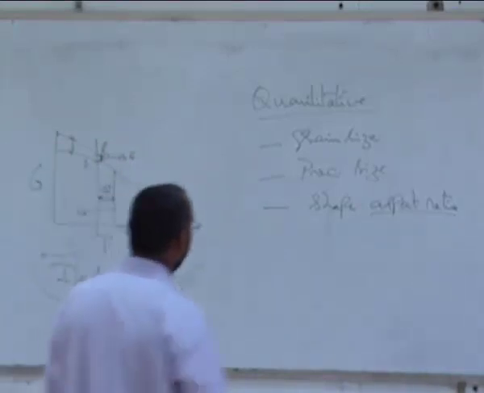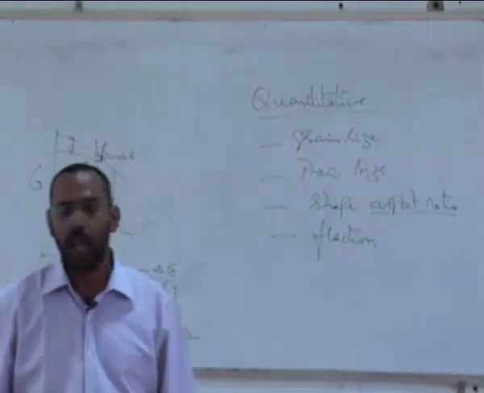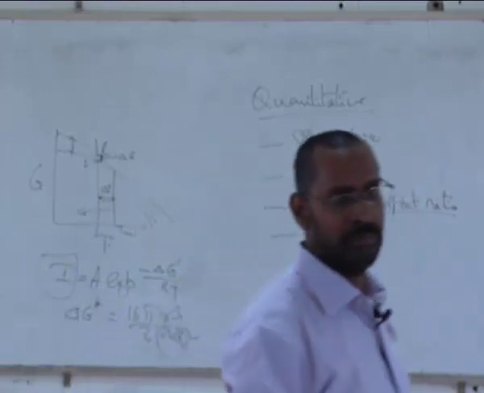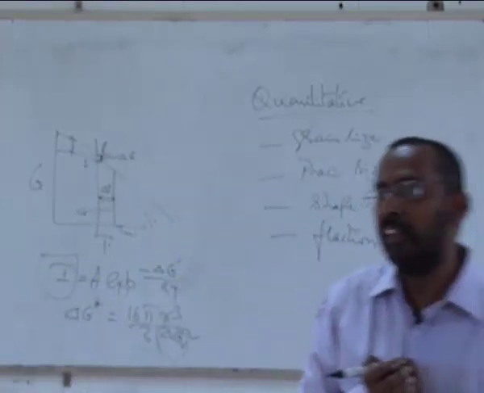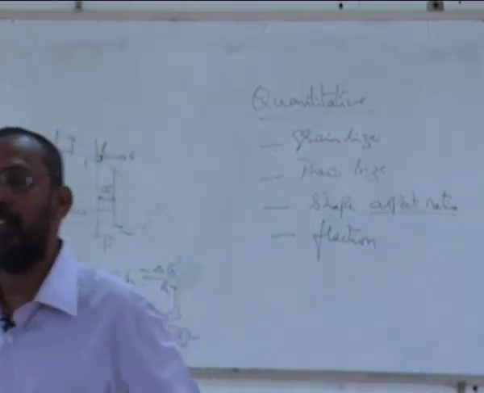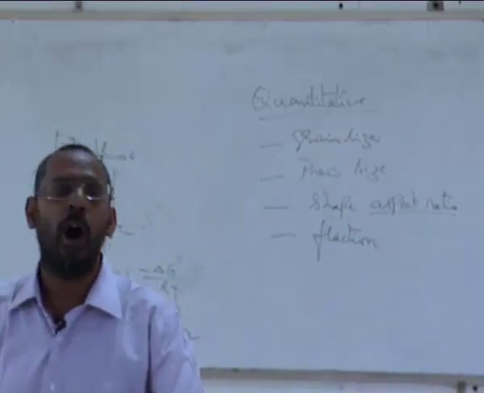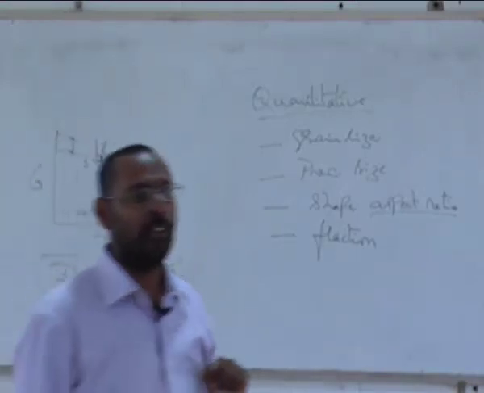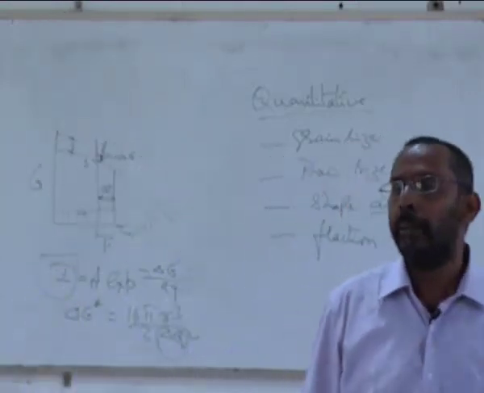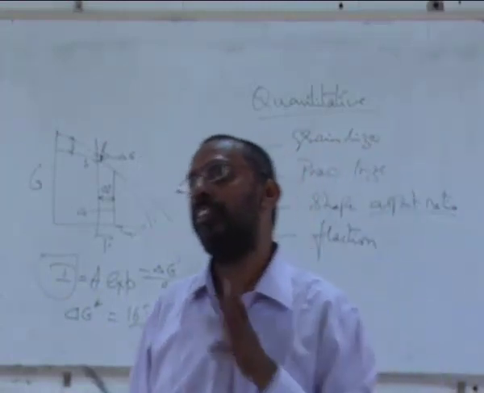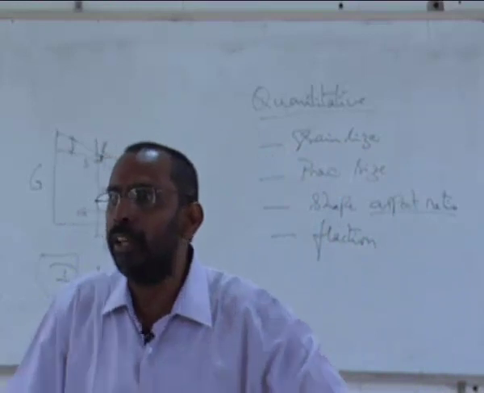And then can we also talk about fraction of phases? Of course, I would like to know the size distribution also. Not just the size. When I say size, not all grains will have the same size. It is next to impossible to find all grains of the same size. The reason is, even if I am talking of solidification, solidification is composed of two events.